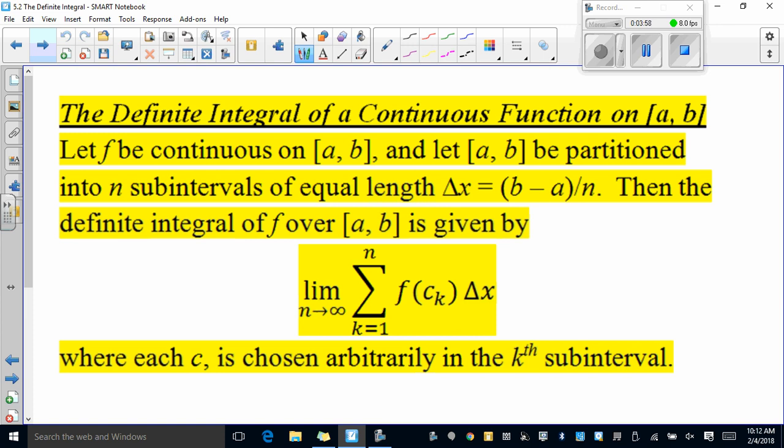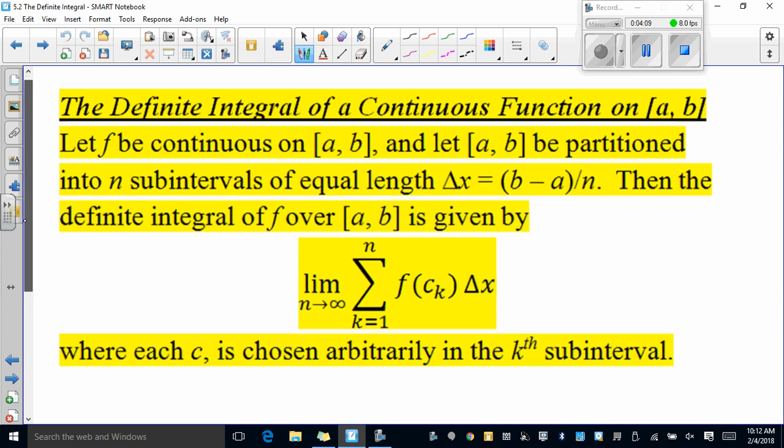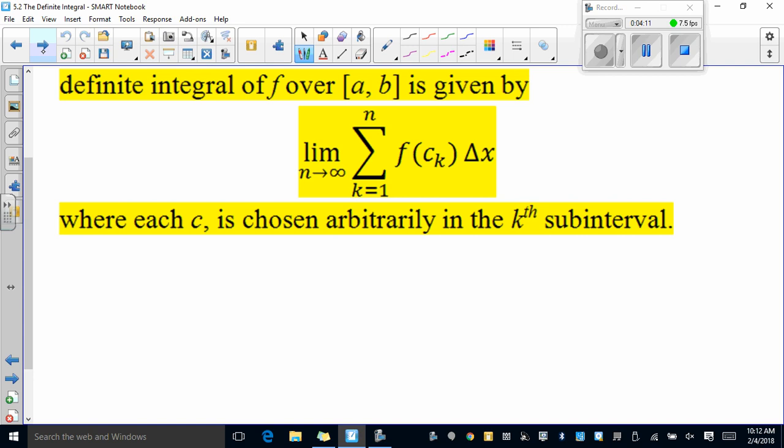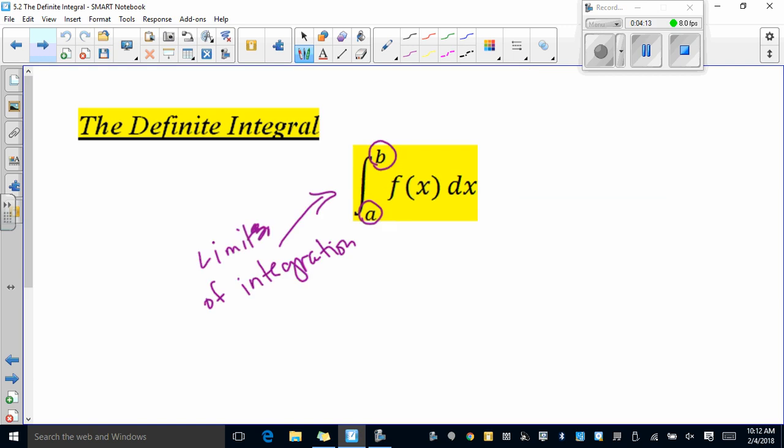So the definite integral, limits of integration: this would be read as the integral from a to b of f of x dx. This one here is your lower limit of integration. This would be your upper limit of integration.